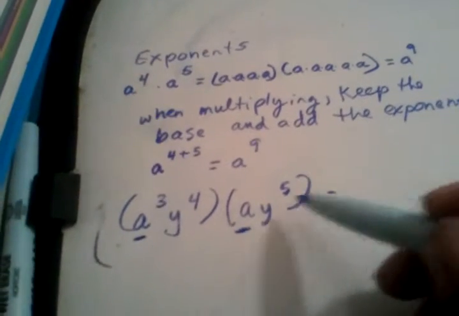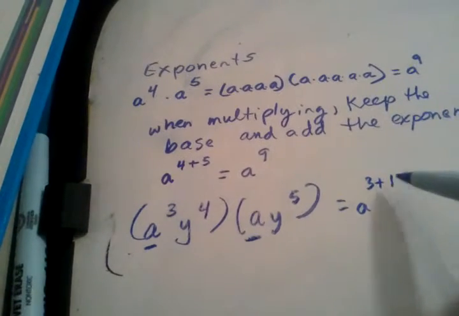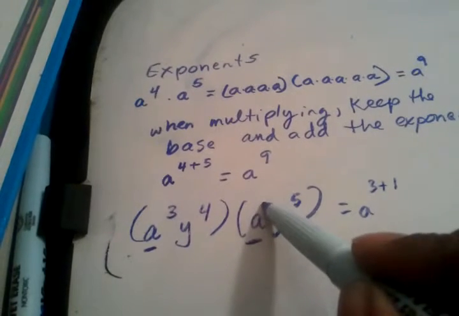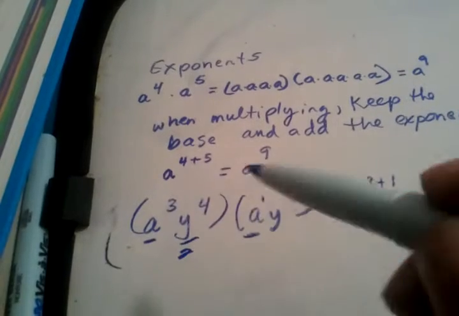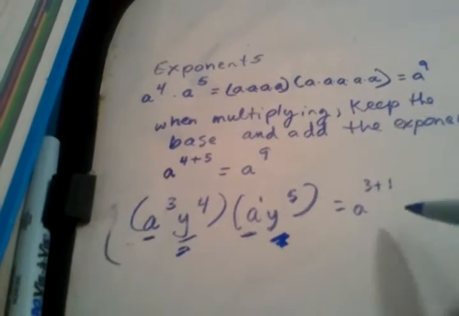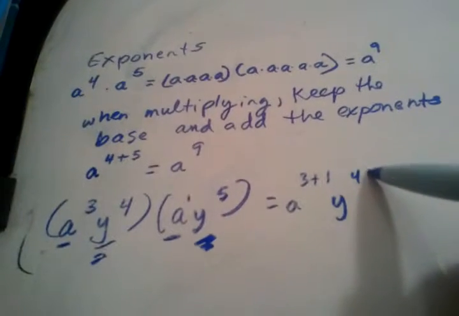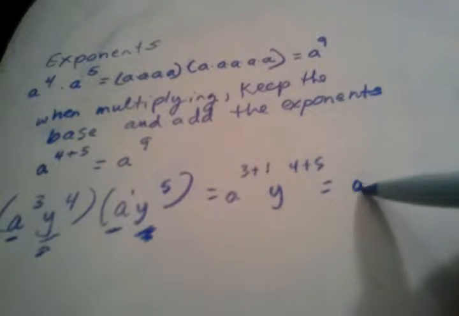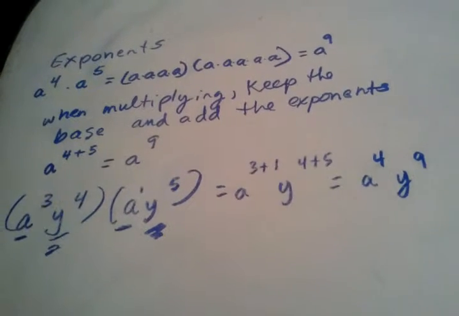So this is technically a to the 3 plus 1 power, because remember, the understood exponent here is a 1. And then we have y to the fourth times y to the fifth. So that would be technically y to the 4 plus 5 power. So if you did it out, you will have a to the fourth, y to the ninth.